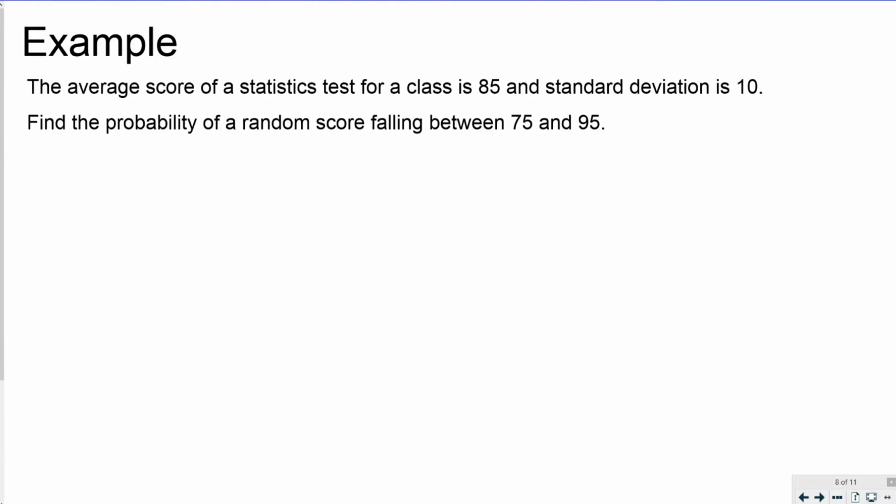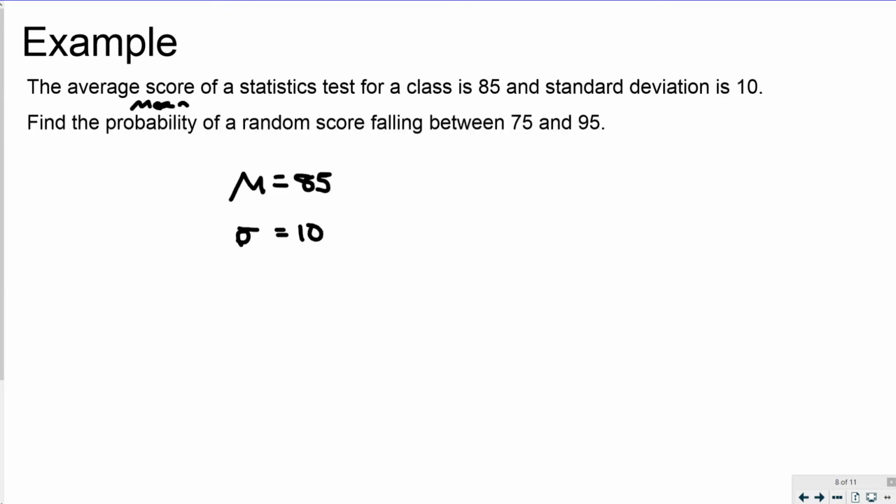The average score of a statistics test, so when they say average, they're talking about mean. So the mean here is an 85, and I have a standard deviation of 10.